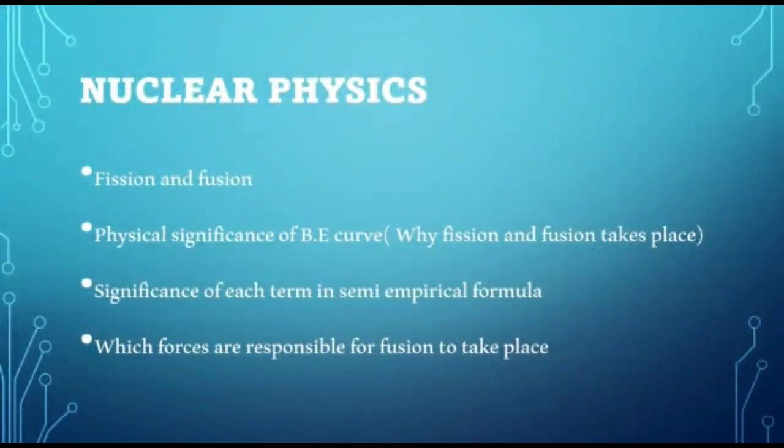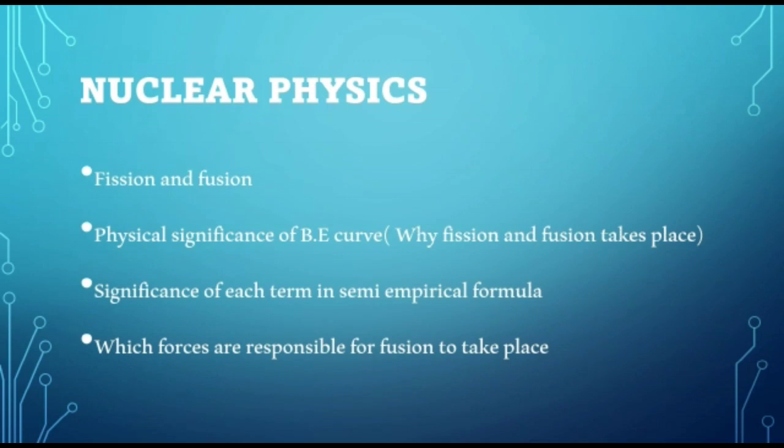At last they asked me some questions from nuclear physics also. Another professor first asked what you understand by fission and fusion. I told them that fission is when a heavy unstable nucleus splits into two or more small nuclei with the release of energy.